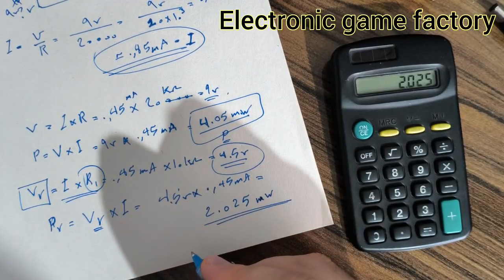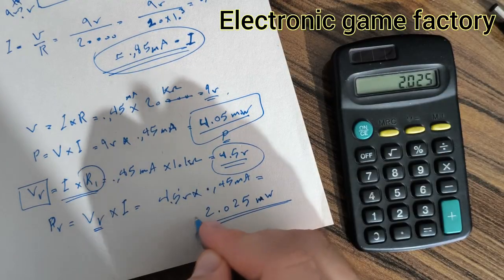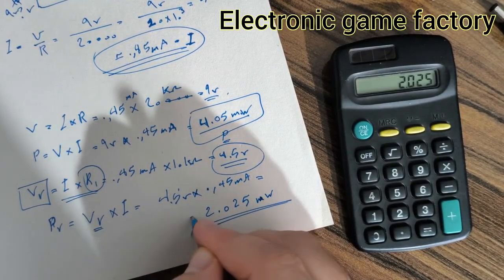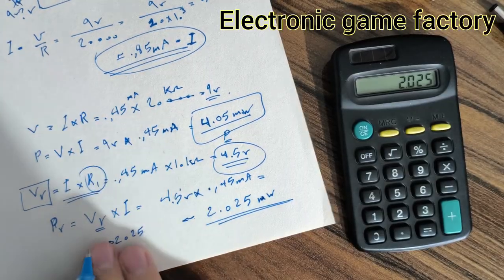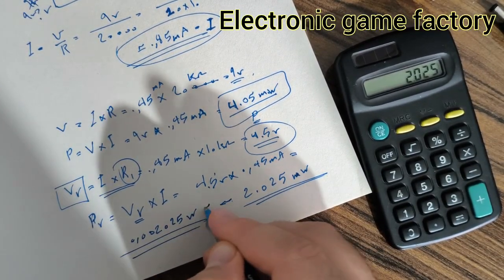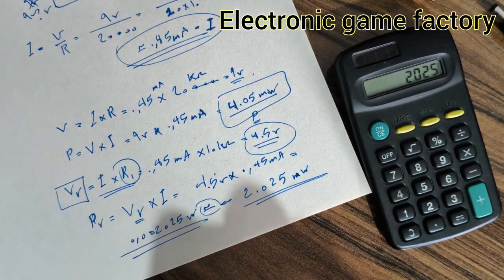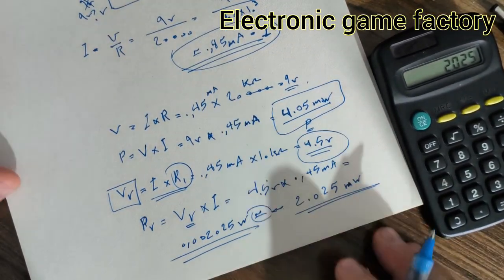Or we can, for example, multiply by 1000. Maybe it is something like 2.025 milliwatt. I know maybe it's a little different because of the tolerances.